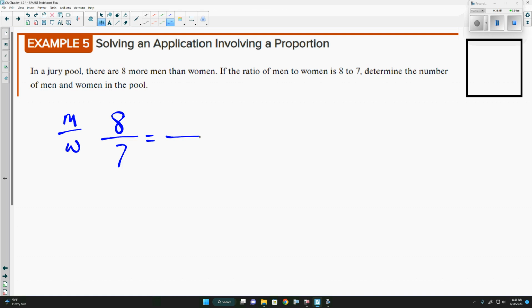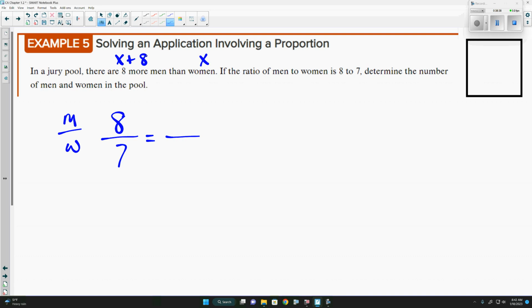In a jury pool, there are 8 more men than women. So we can think of women as the variable x and men as what? Because if there are x number of women, the number of men is going to be x plus 8, 8 more than it. Now, which one's on top of the fraction or the ratio?